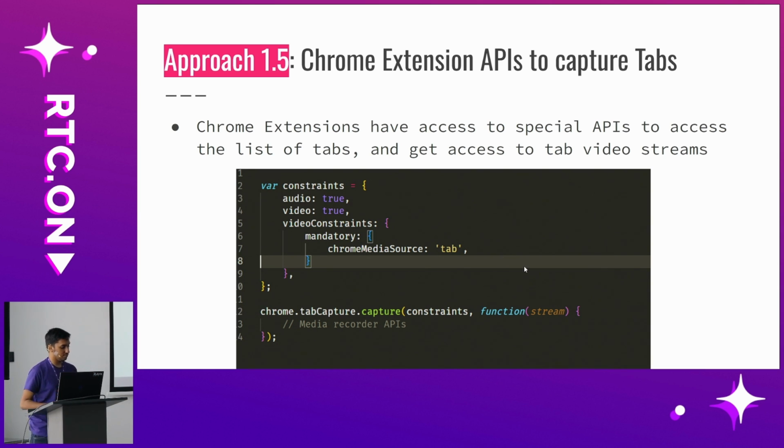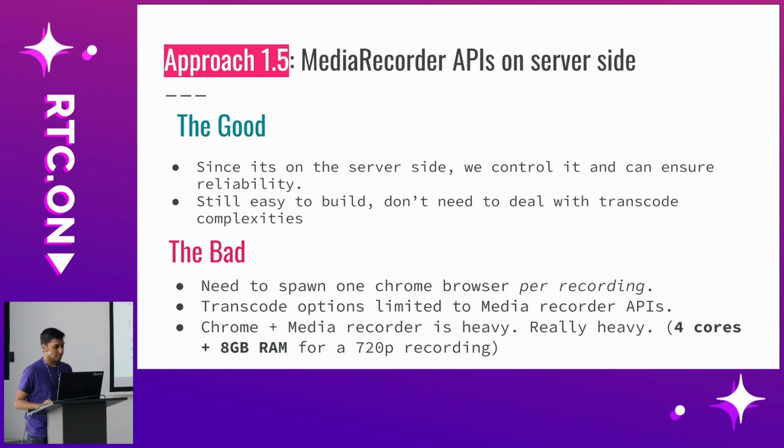For example, in this code sample, I use chrome.tabCapture to get the stream of what the tab is showing. Then I can use the same approach to pass this to the MediaRecorder API and record the screen. The good part, from the previous approach, is that since it's now on the server side, we can handle more things there.